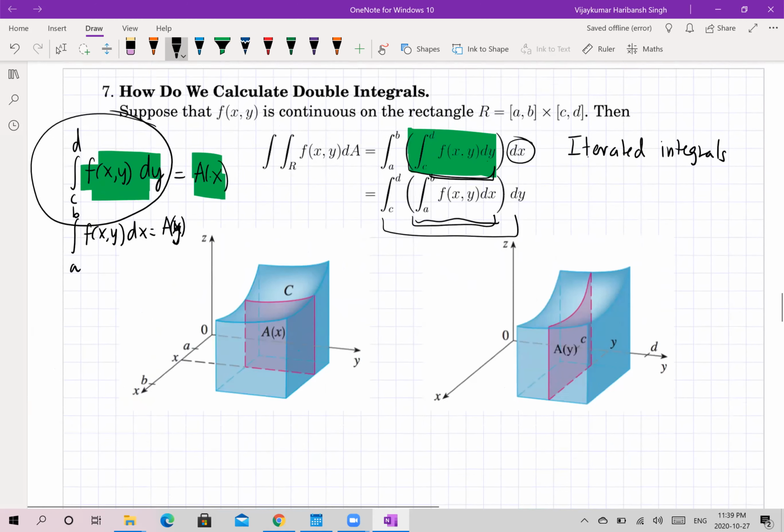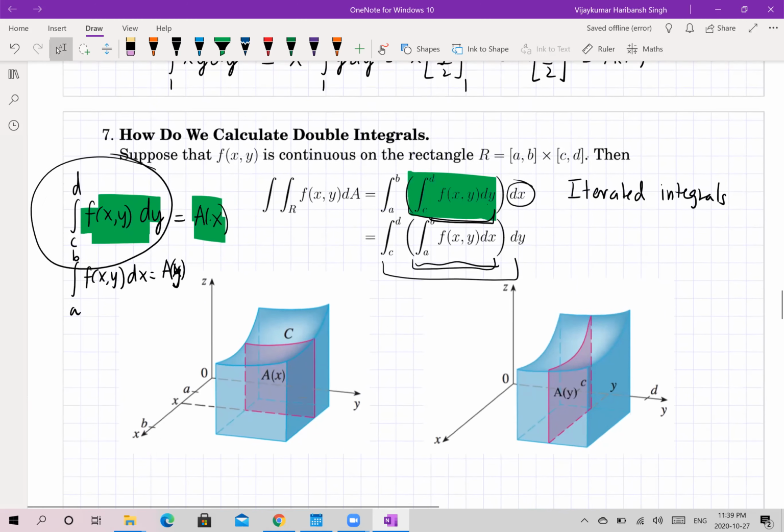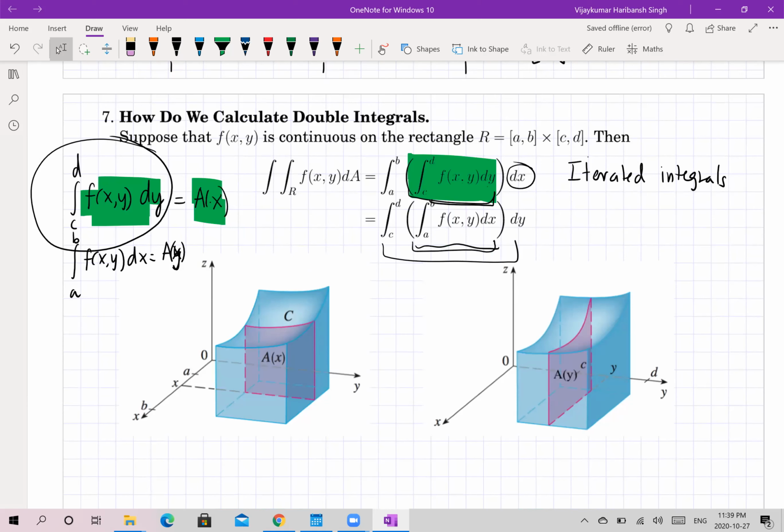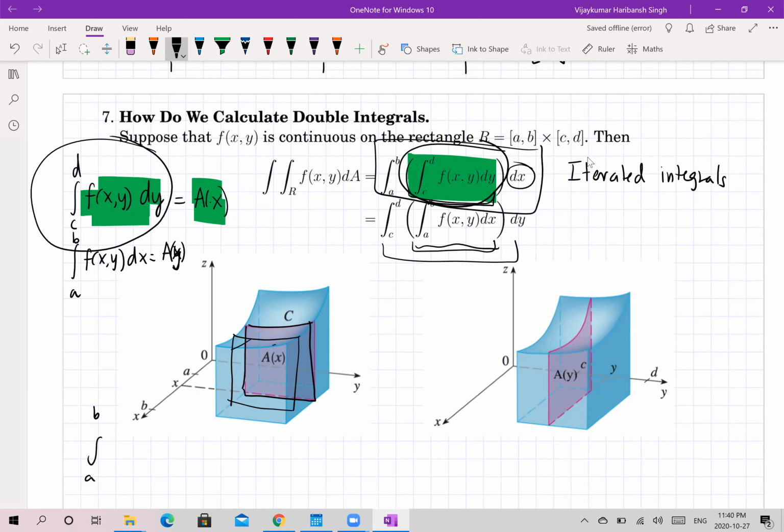If you think about it, suppose you're doing A(x) first. So first you compute A(x), which is this area, and then when you take the integral from a to b of this, you're adding all the corresponding A(x) up, and therefore you get the total volume of this object.